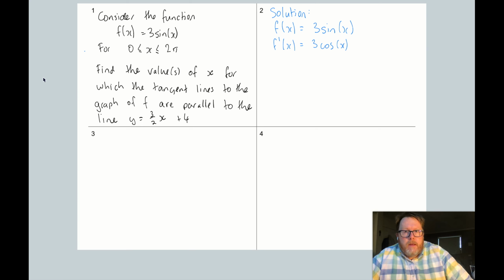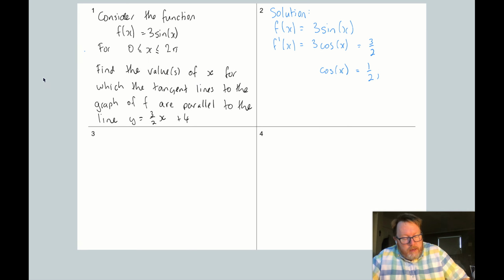From our problem, we need to match up the values of x for when the gradient, which is this, is equal to 3 halves. So I'm going to set this equal to 3 over 2 and go from there. I'm going to divide both sides by 3, and I'm going to get cosine of x is equal to 1 half.